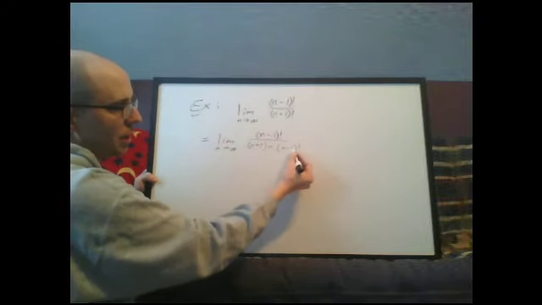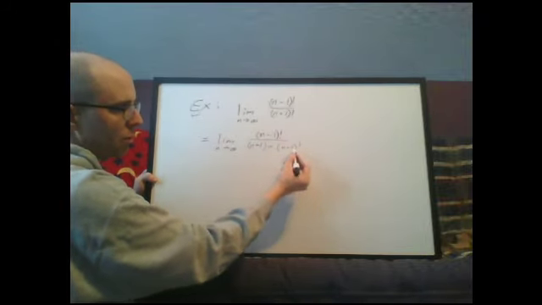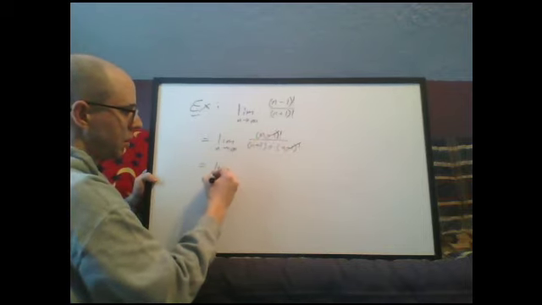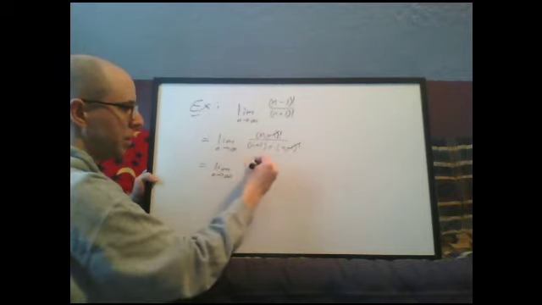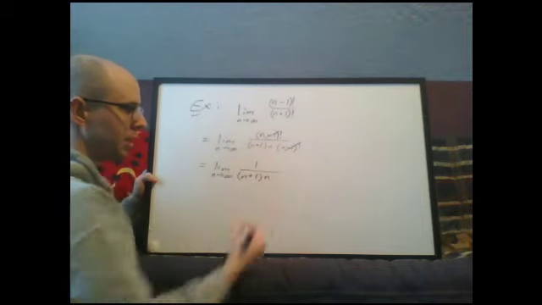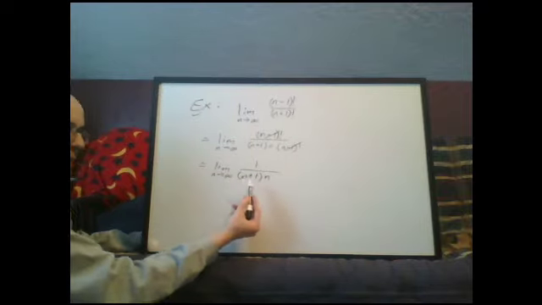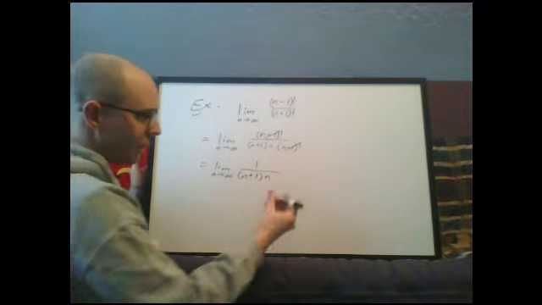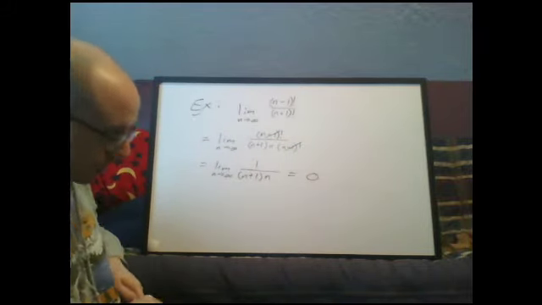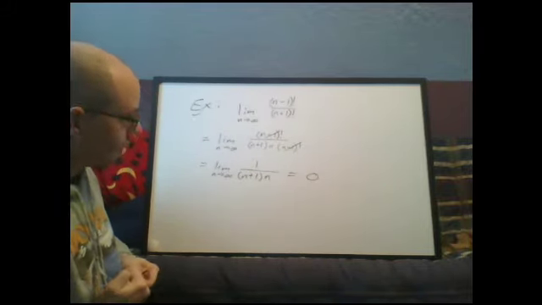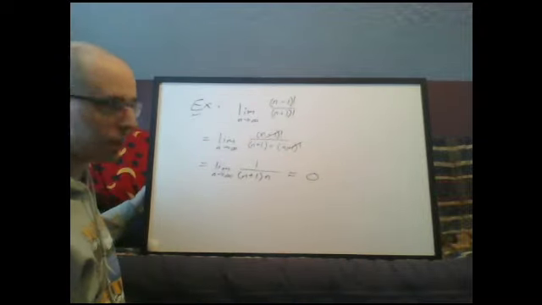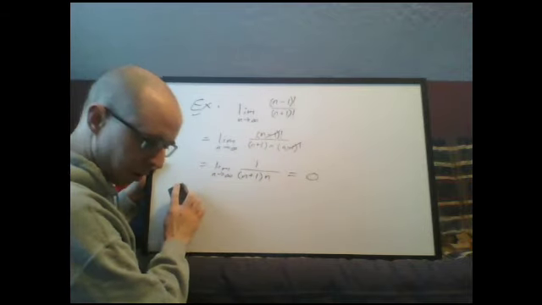At that point, both the top and the bottom have (n-1) factorial, which we can then cancel, leaving us with 1 over (n+1) times n. Now as n grows to infinity, this is 1 divided by infinity, which is 0. So sometimes if there's more than one factorial, we can try to find cancellations to deal with it so that there's no longer a factorial.